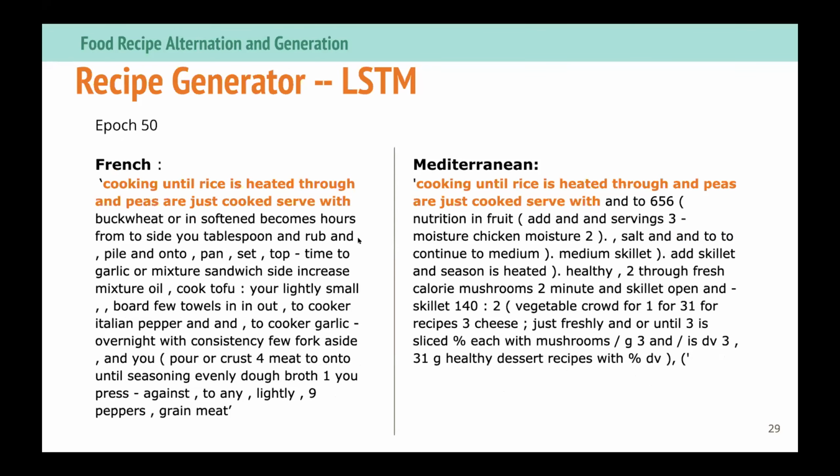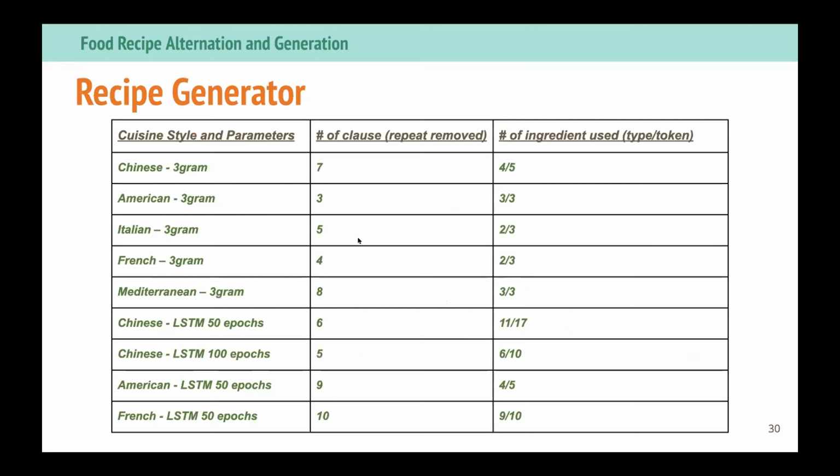You can have a simple look at this. We made some statistics about our generations. On average, recipes generated by the 3-gram model include 5 recognizable cooking steps and 3 ingredients.